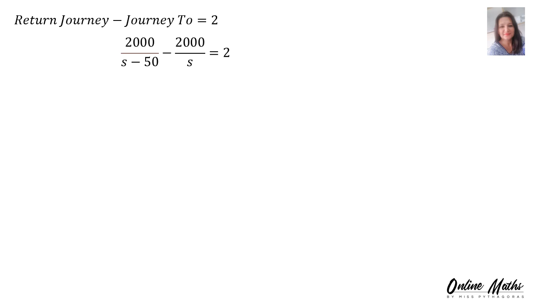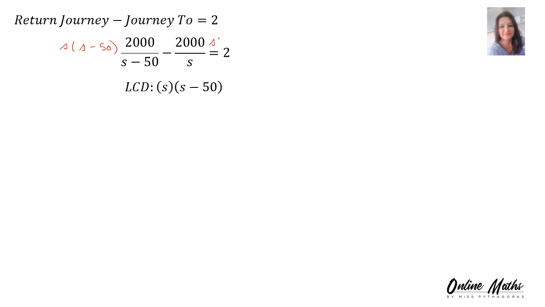Now we're going to solve the equation. So the problem is we need to find an LCD. And the LCD is s bracket s minus 50. And then what we do with the LCD is we're going to multiply every term by the LCD.